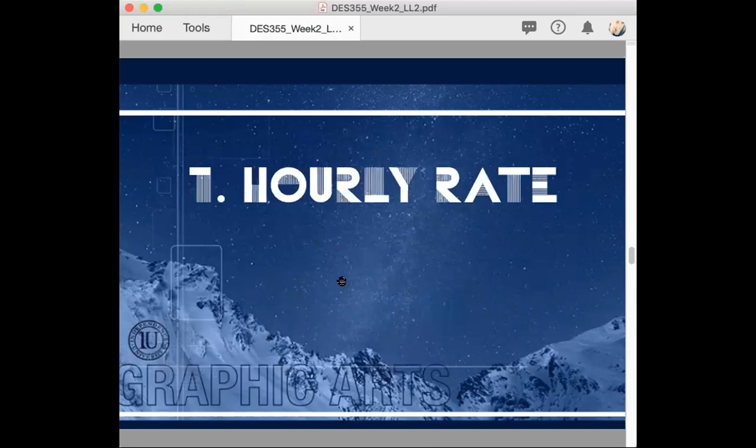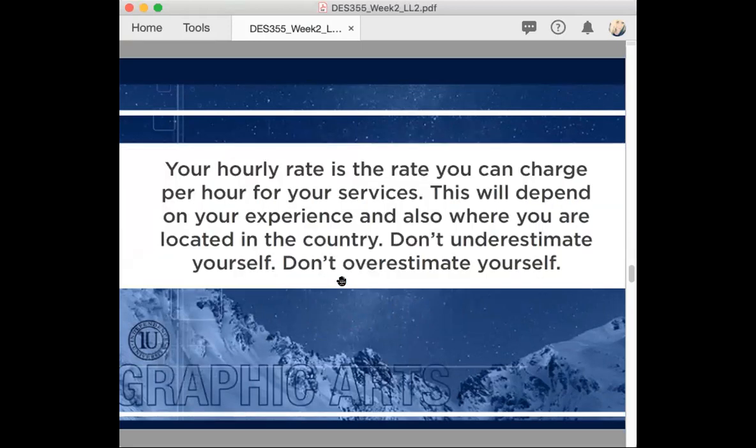There are a couple of ways that designers can do this. You don't necessarily have to go with an hourly rate. This is a good way to ensure that you get paid for the hours that you do put in, but there are also instances where you can do package pricing too. But we're going to talk about hourly rate. Your hourly rate is the rate you can charge per hour for your services.